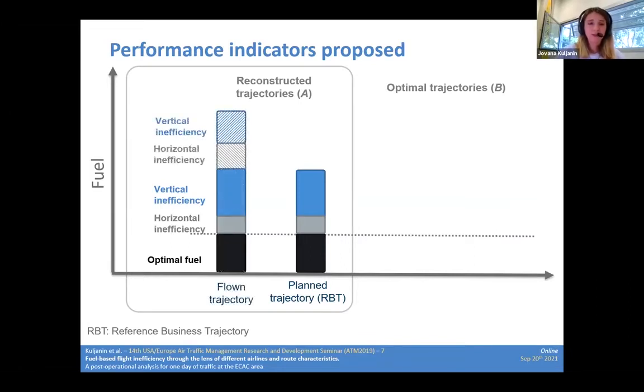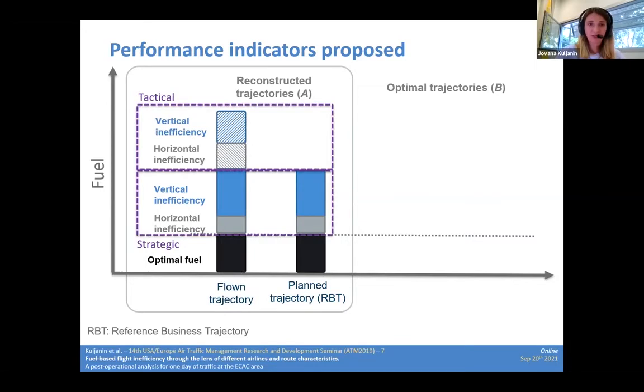So in other words, the flown trajectory will contain this inherited vertical and horizontal strategic inefficiency, but it will also contain some tactical vertical and horizontal inefficiency due to the ATS interventions, for example.